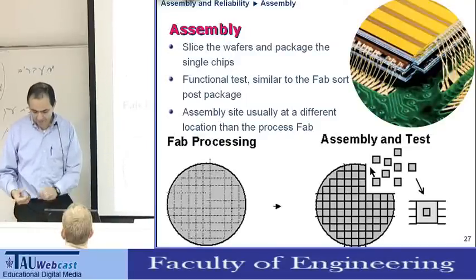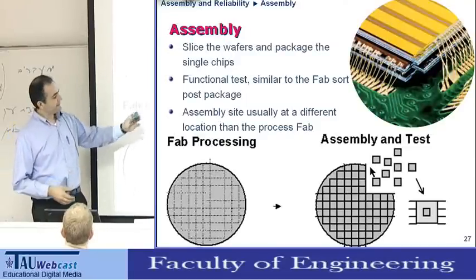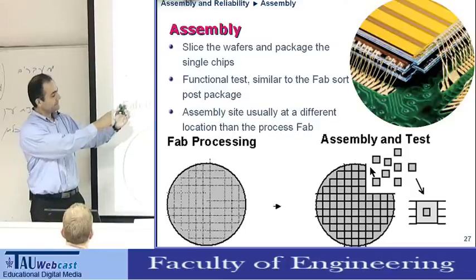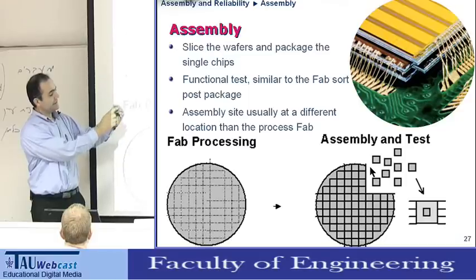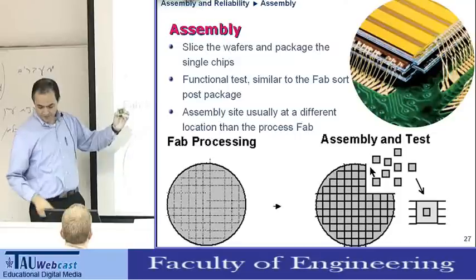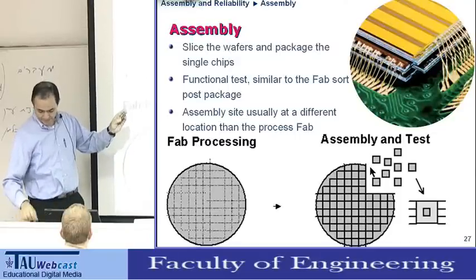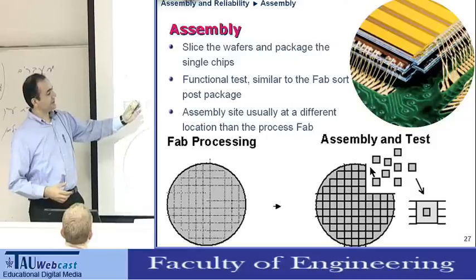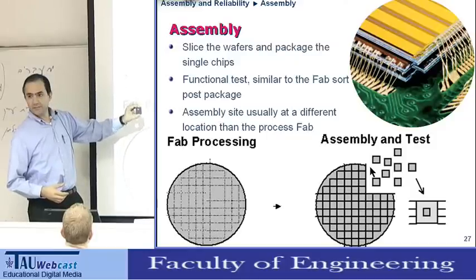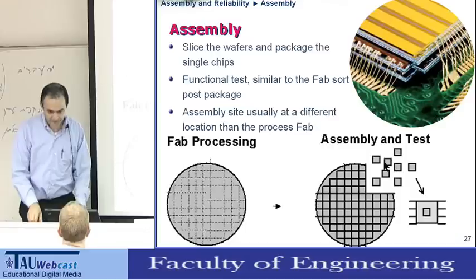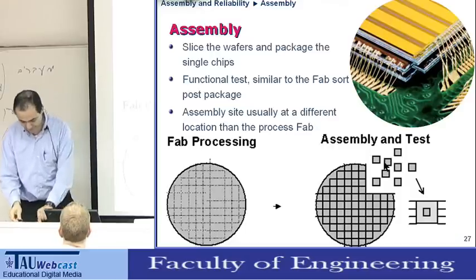If it's a processor, like this one is a Pentium 3, this is the processor, and we need a lot of pins out, so this is how it looks on the inside. This is when it's fully packaged in a ceramic layer. Is it the flip chip? I don't want to get into that.